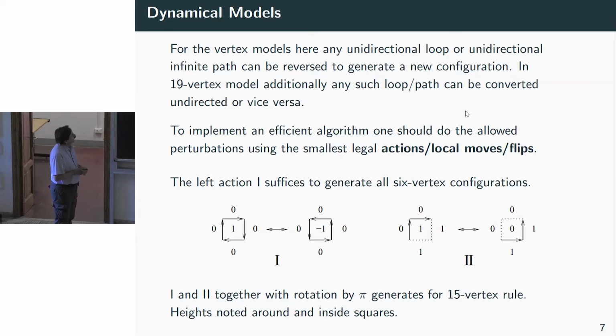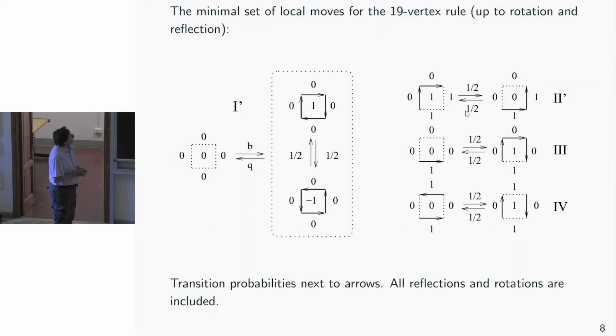Things get a whole lot more complicated when you go to the 19-vertex rule. This is the minimal set that you can get away with. You notice that this ICE action is there. It has to be there because ICE is embedded inside the 15- and 19-vertex rules. But then you also need this action from the previous slide.